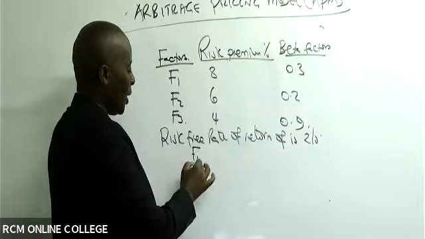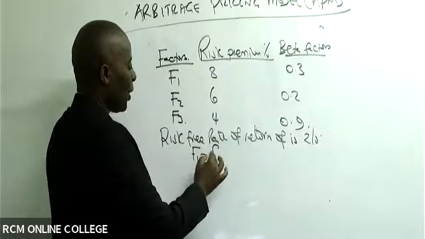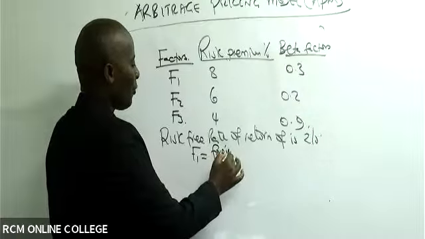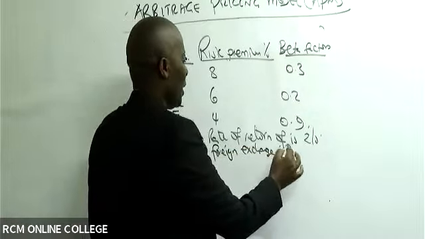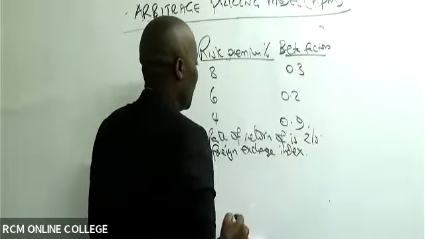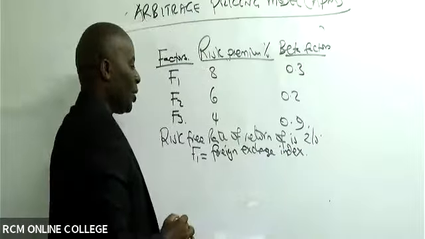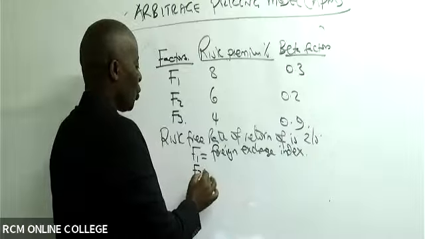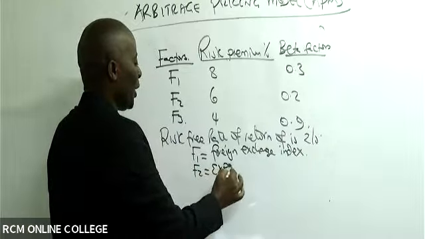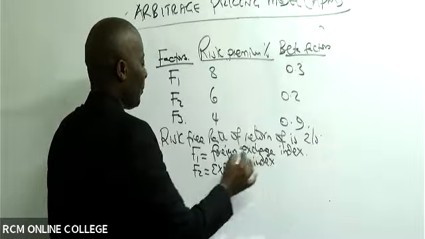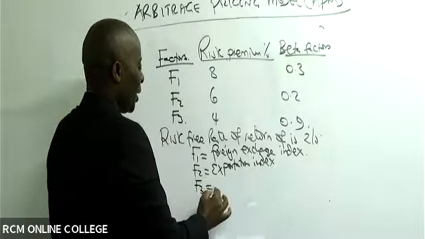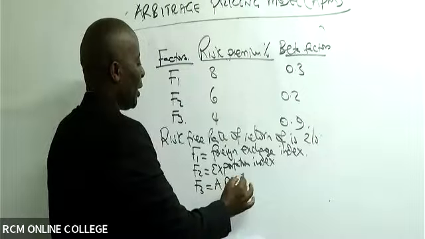Factor 1 represents a foreign exchange index. F2 stands for an exportation index. And then F3 is a market factor.